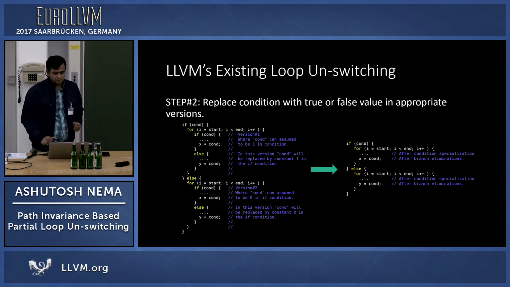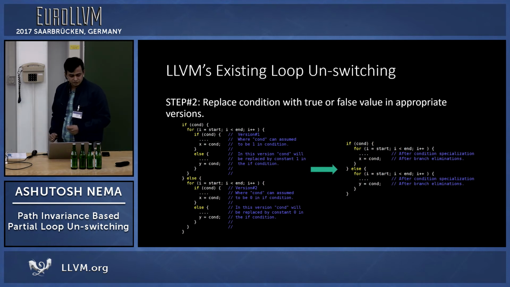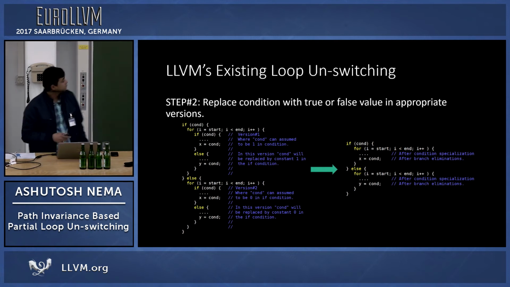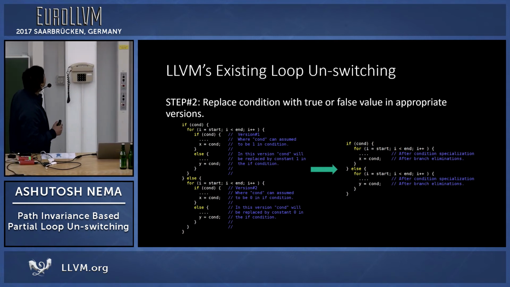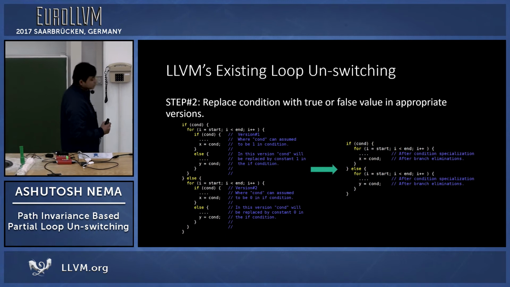In the second step, we replace the condition with true or false in the appropriate versions. Here, in the first part of the loop, we have replaced the condition with true, and in the second part of the loop, we have replaced the condition with false. So this is how the transformed loop looks after loop unswitching.